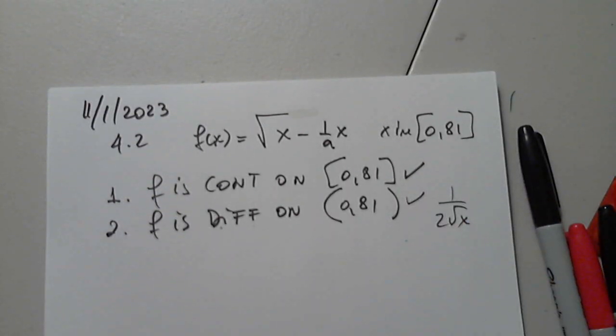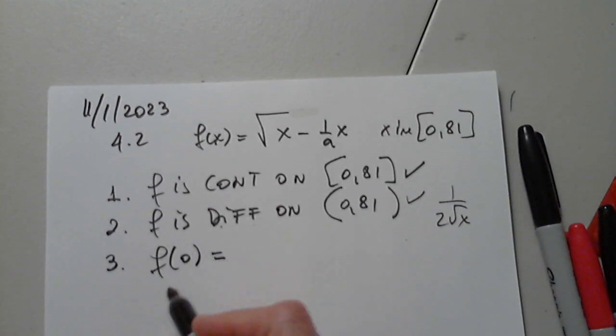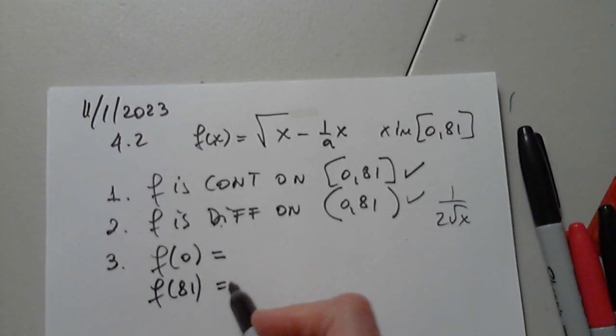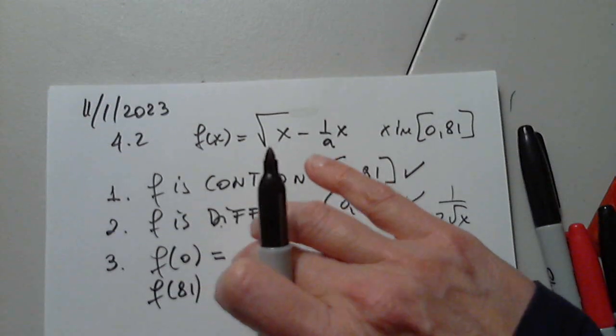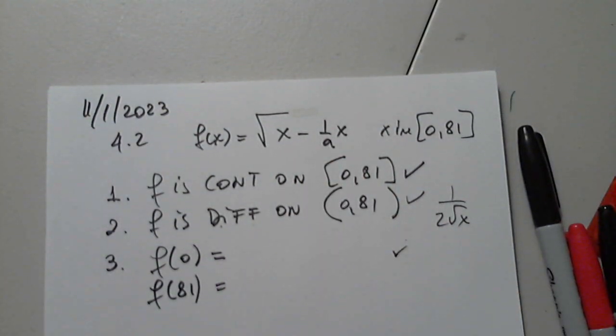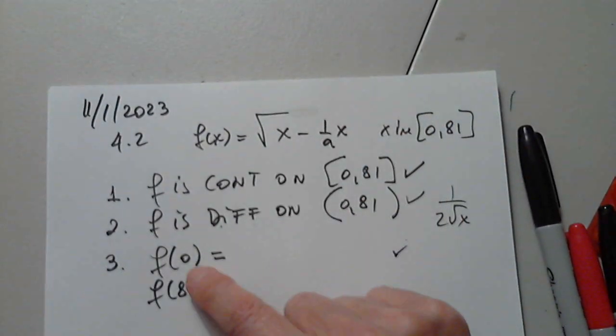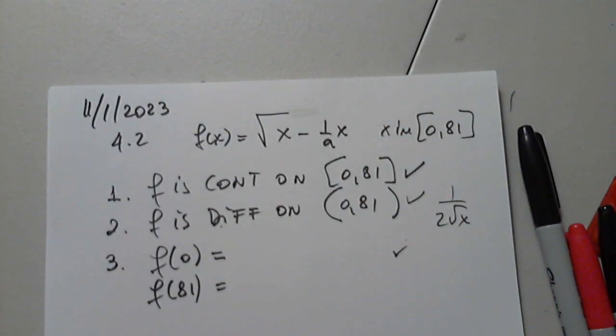So this is done. Now in step number 3, in order to apply Rolle's theorem, f of 0 and f of 81 have to be the same. If these two numbers are not the same, Rolle's theorem is not applicable. If these two are the same, then I will proceed. When I plug in 0, I have 0 minus 0.